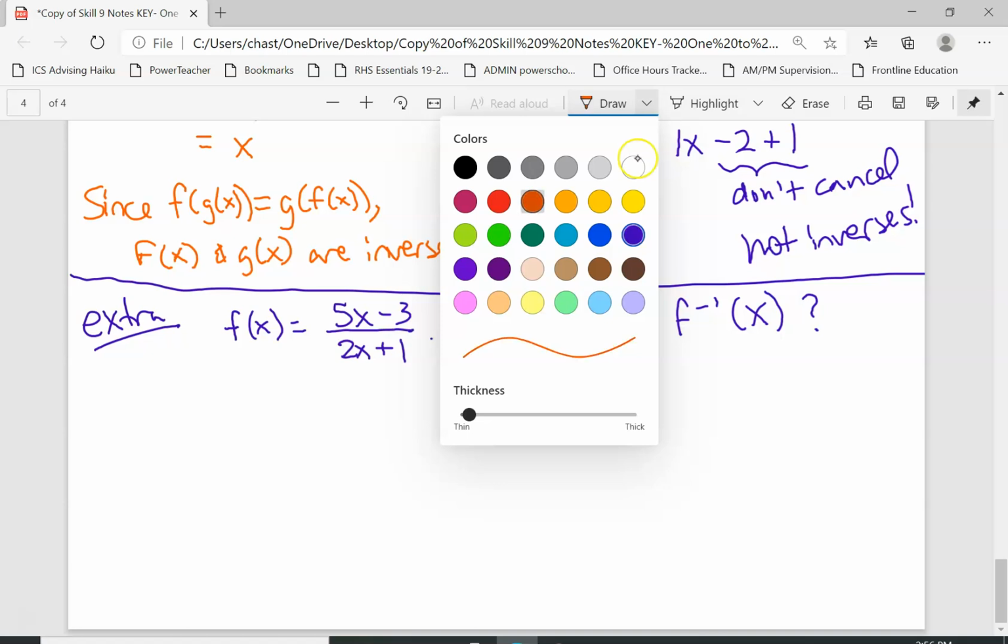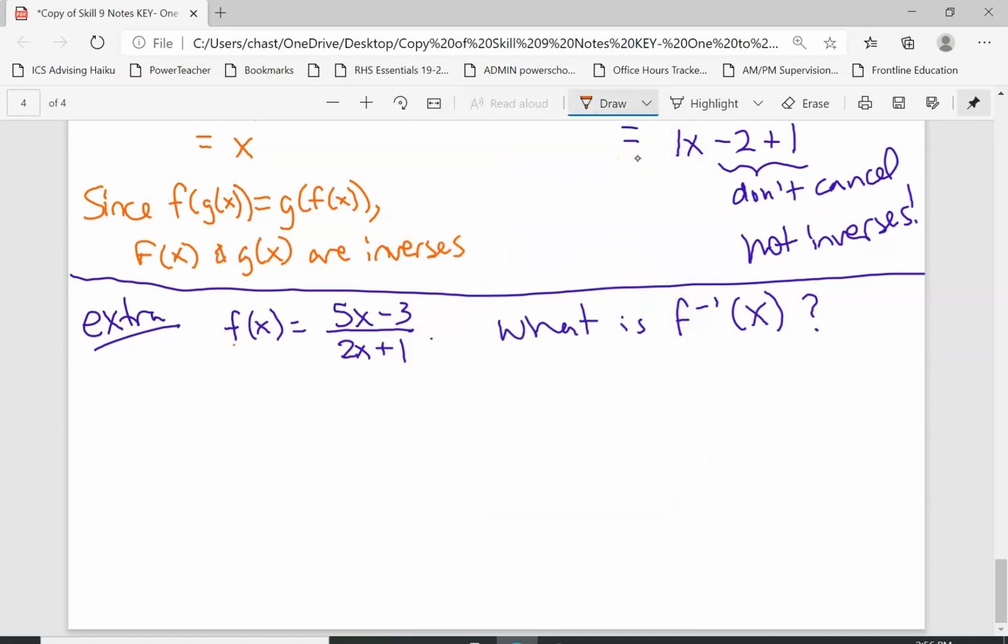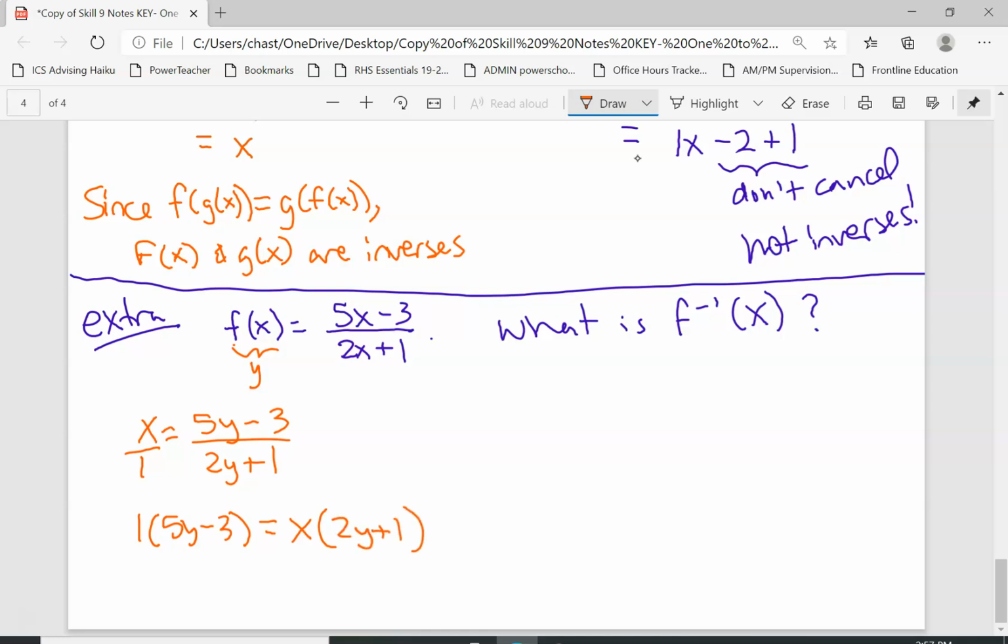To do this, we know that this is the same as saying y equals that. So I'm going to switch my x and y around. To make life easier, I'm going to put that over 1 and cross multiply. So that gives me 1 times 5y minus 3 equals x times 2y plus 1. Have to distribute, so we get 5y minus 3 equals 2xy plus x.